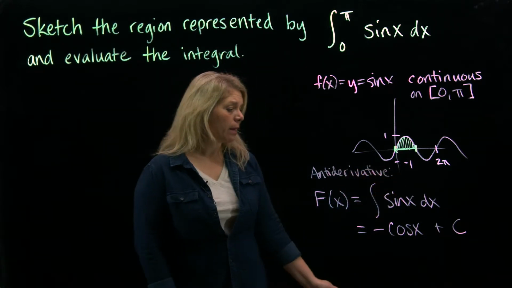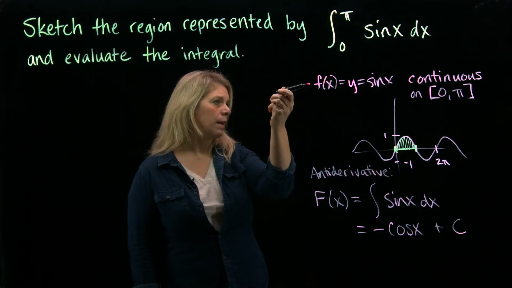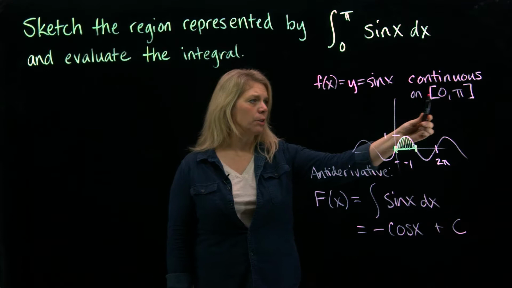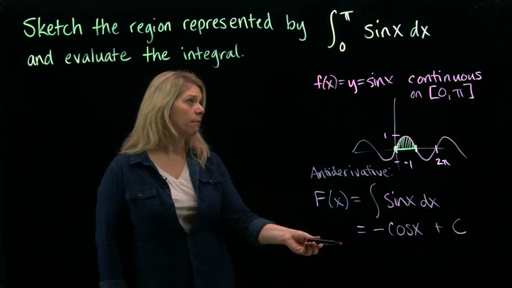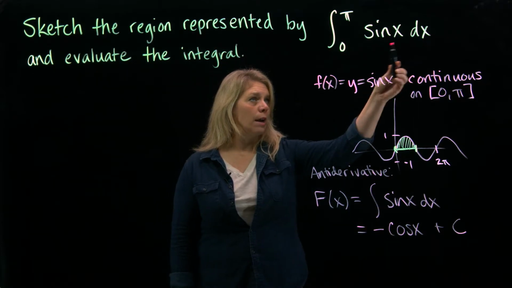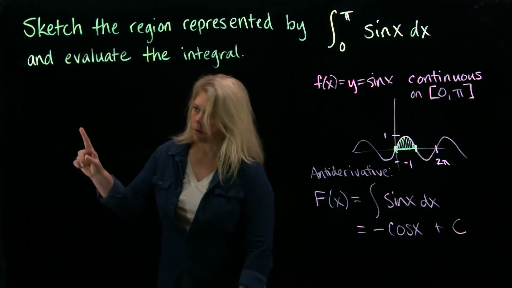All right, so the fundamental theorem of calculus says that if your function, y equals sine of x, is continuous on your interval, a to b, and you have an antiderivative of that function on that interval, then you can use that to evaluate the integral. So we'll write that out over here.